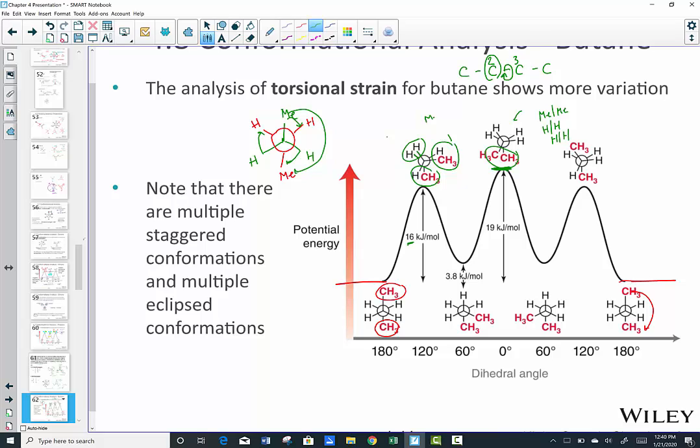Whereas a methyl to hydrogen, and HH were the interactions here. These two are equivalent. This is of highest energy. Stacking those methyl groups creates the least stable conformation. Giving us the greatest bond angle between the methyl groups gives us the most stable conformation.